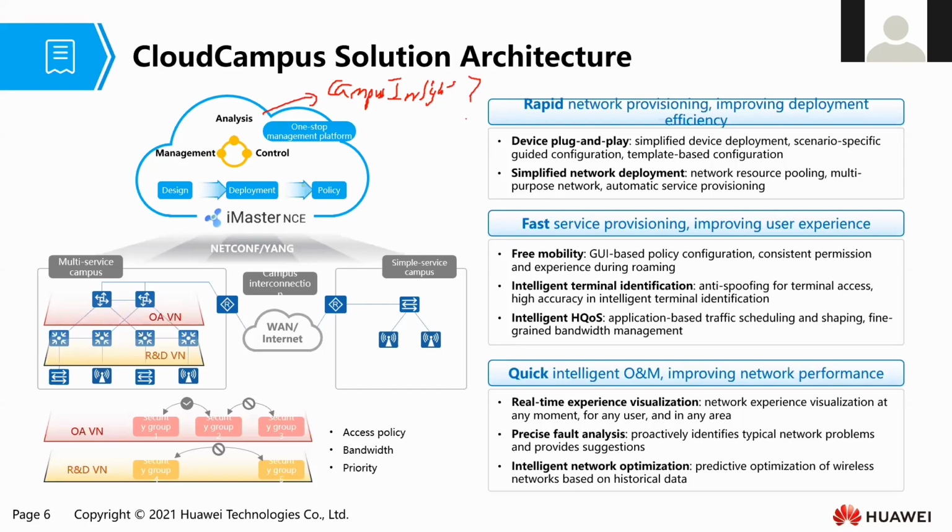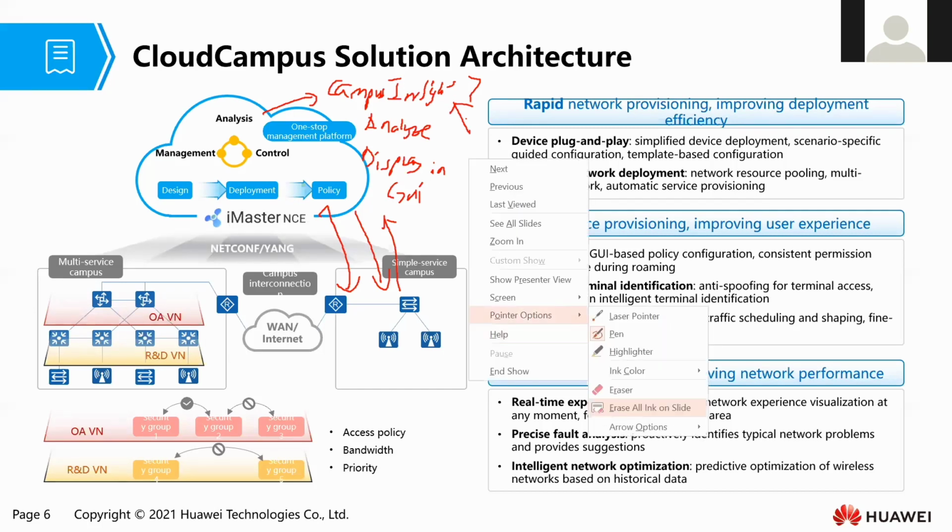It's because CampusInsight will collect information from our devices, collect all the information, and then analyze all the data and display it in a GUI, so you are able to view the whole network information. For example, when some error occurs in the network, you are able to view it inside our CampusInsight. We will explain this in more detail later on.